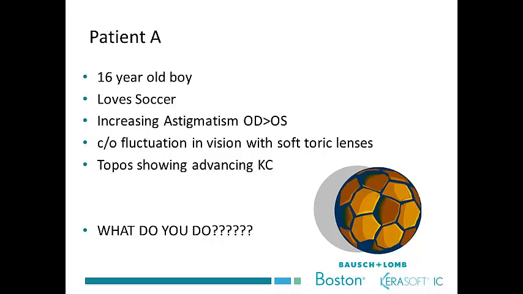You can definitely fit them with a scleral lens, and this would also provide a layer of protection for the patient that's active too. There's a whole host of options for this patient, and you just have to strategize with the patient and the patient's parents: what financial contribution do they want to make? Is the patient willing to use a reverse piggyback system, or do they want to stay in a soft lens just because it's easier?